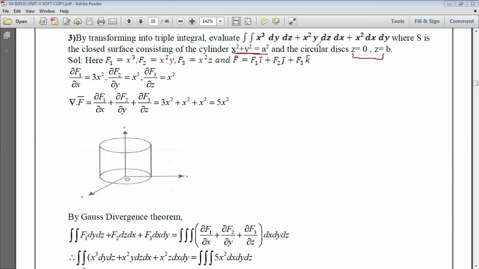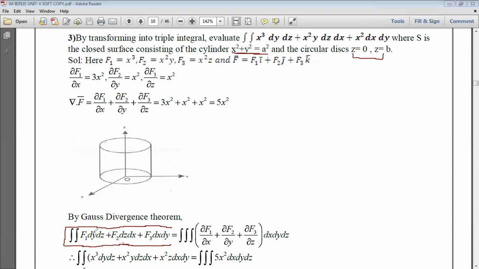It means they already gave the divergence, f bar dot n bar dS sum. Another form of the divergence theorem we can write like this: the double integral of f1 dy dz and so on is equal to the integral of divergence f bar dx dy dz.